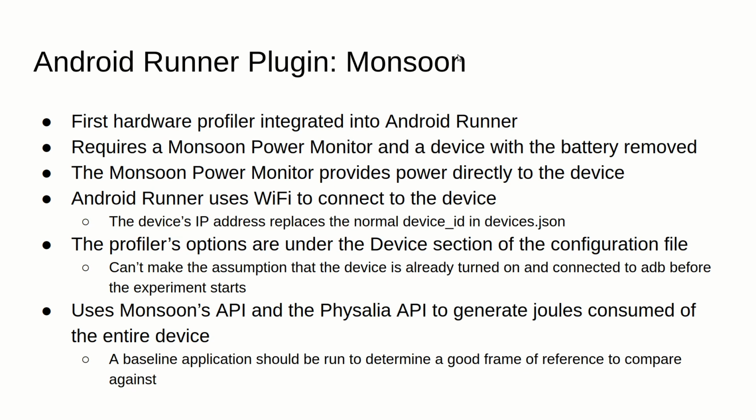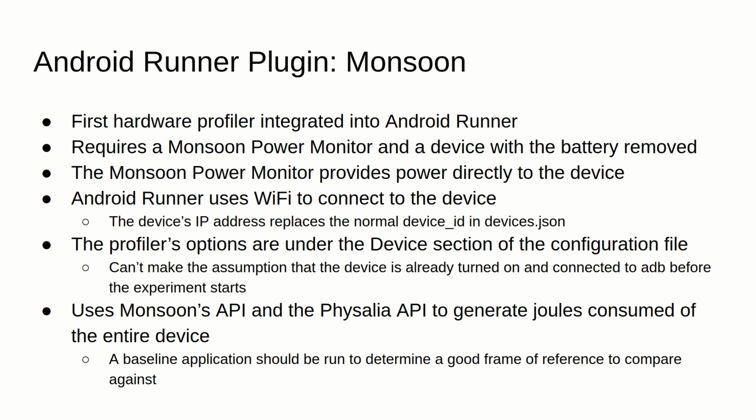The next profiler we're going to talk about is the Monsoon Power Monitor. This is the first hardware profiler that was integrated within Android Runner, and it requires the purchase of a Monsoon Power Monitor, which is quite expensive. It measures the entire device's energy consumption over some duration of time.